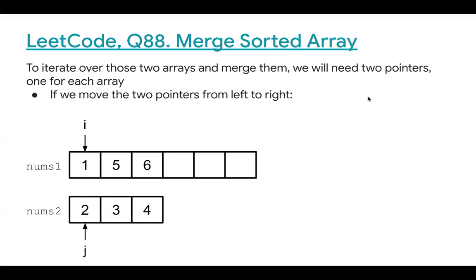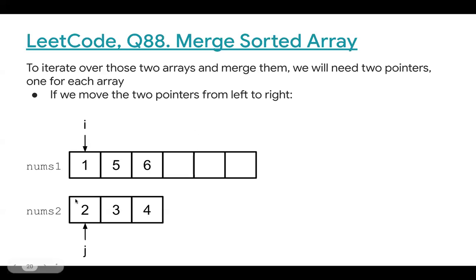Many students, when trying to solve this problem, set up these 2 pointers, both of them going from left to right, which is okay, and we can still solve the problem. As you can see, I have an example here with this approach where we have 2 pointers from left to right.